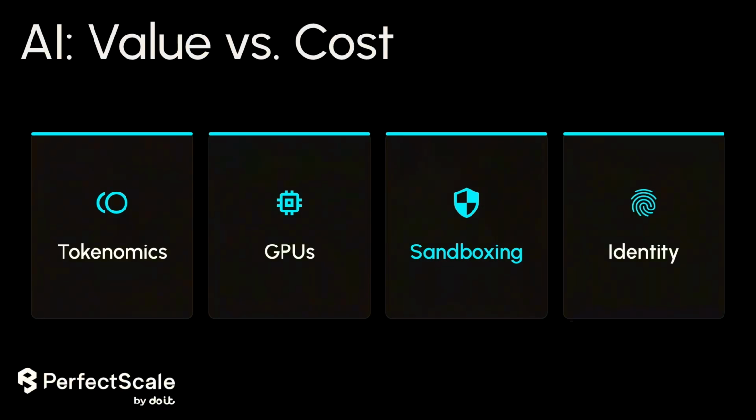Does the value we're getting from AI agents really justify the cost of sandboxing? For example, if we're using micro VMs for sandboxing, or maybe go back to hardening containers, pay less, get a bit less security on the OS level, and then take care of other concerns with AI security. We don't have answers for that yet, as with many things with AI, right? We don't have answers yet.